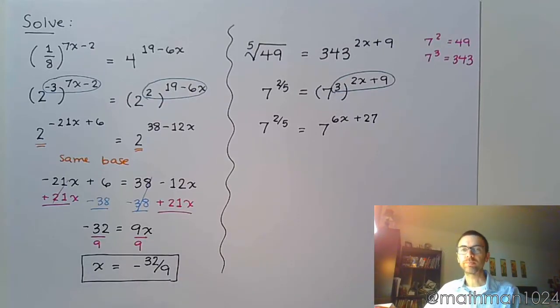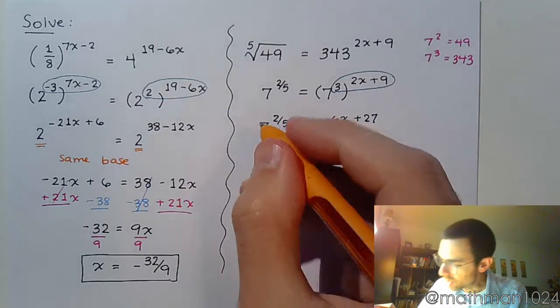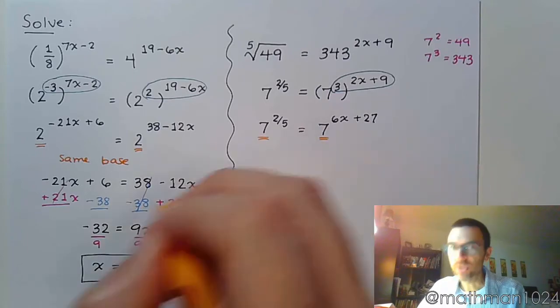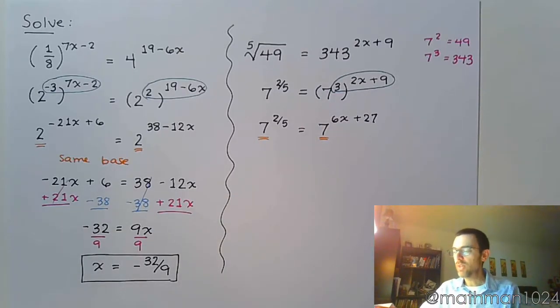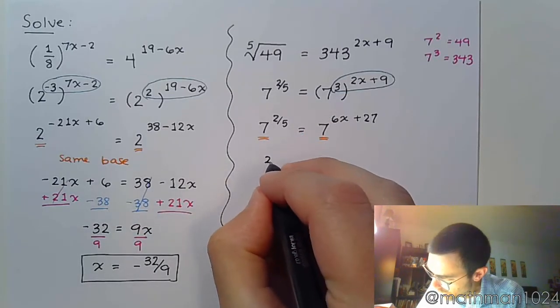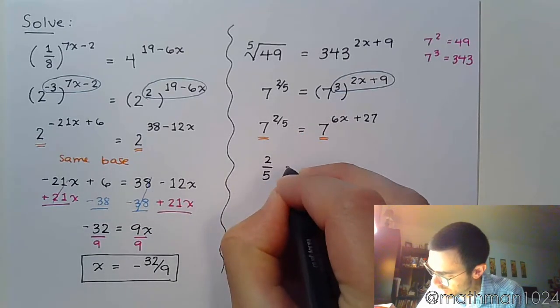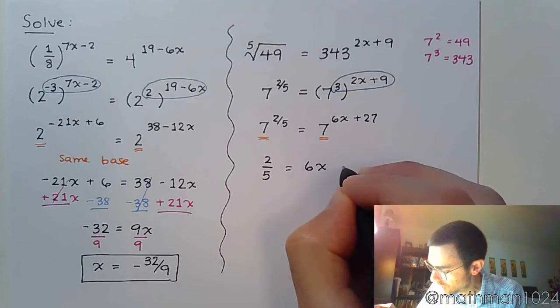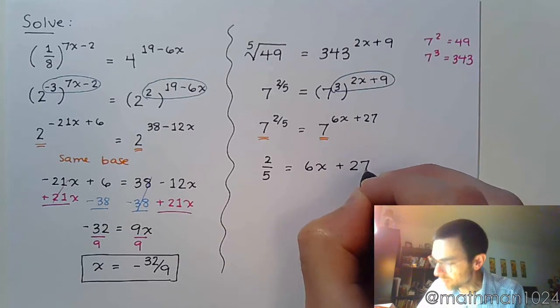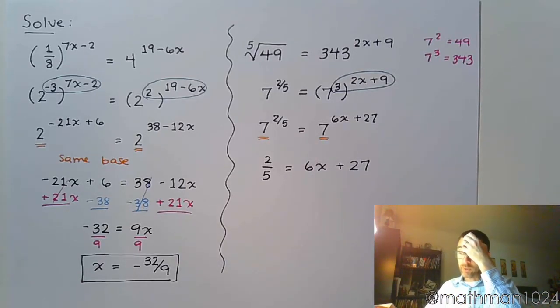plus 27. And as we've mentioned, as soon as you have the same base on both sides, you can then set their powers equal to each other. So that means 2 over 5 is equal to 6x plus 27. Now, to avoid dealing with a lot of fractions, what we can do is just go ahead and clear out the fractions and make our lives a lot easier.